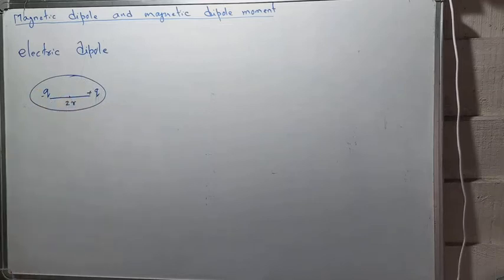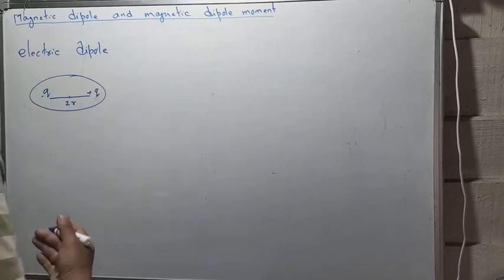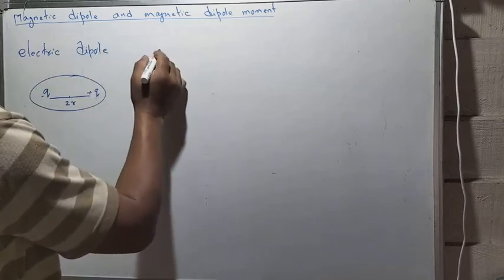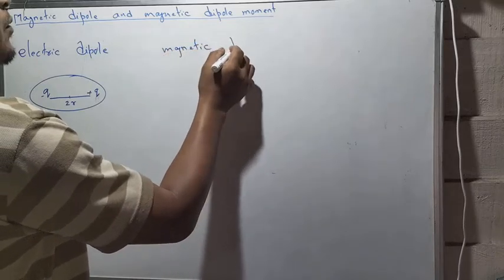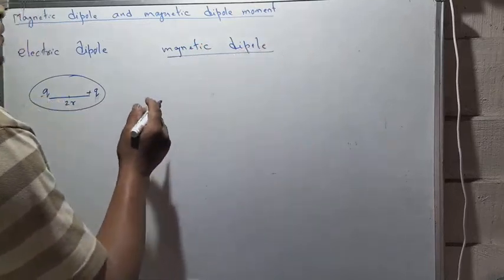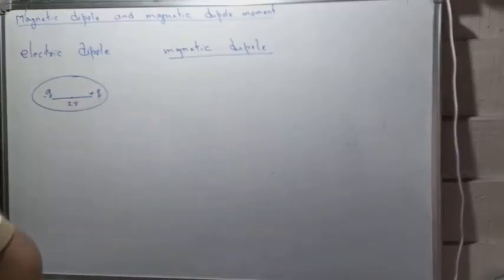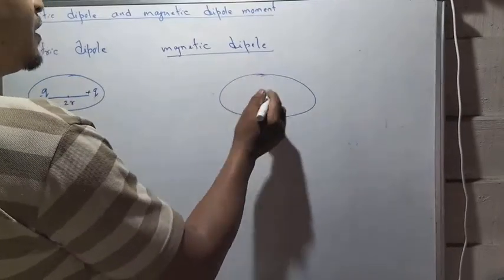Okay. So similarly, in this chapter, in magnetostatics, we have what we call a magnetic dipole. So we will define a magnetic dipole exactly like what we define for an electric dipole.